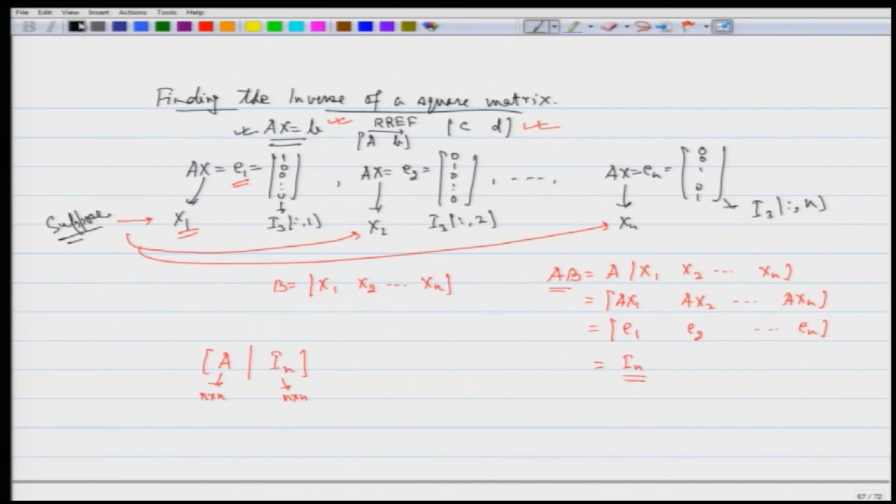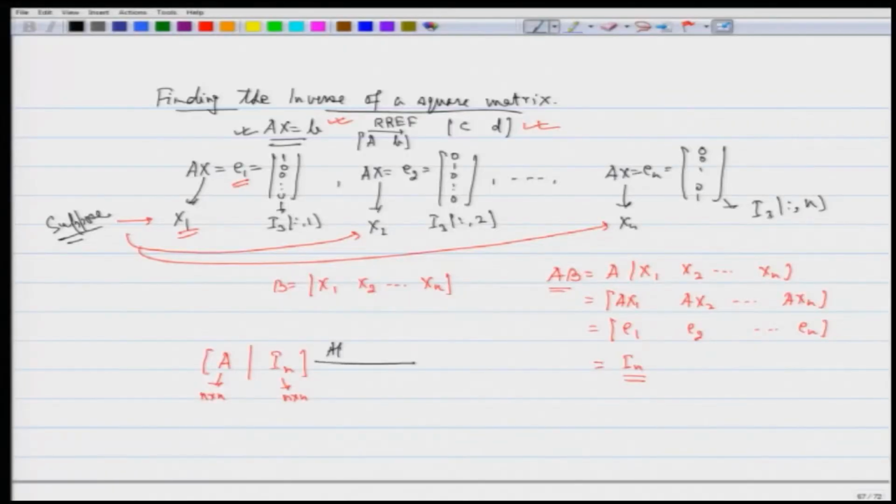Is that okay? When I want to solve it, the idea is to apply the Gauss-Jordan method and get the RREF, fine. What we have seen here is that getting an RREF is the same as multiplying by an invertible matrix, which is nothing but a product of elementary matrices, fine.